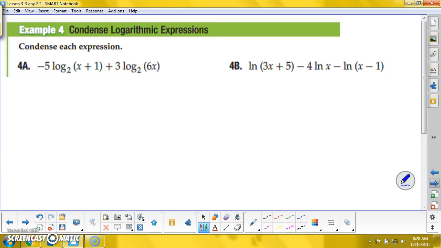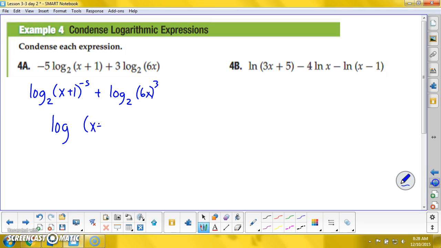More on condensing. We'd take this problem, take the coefficients, and make them exponents. So we got x plus 1 to the negative 5 base 2. Added to the log of 6x cubed base 2. Now we got two logs being added, so we'll rewrite it as a product.